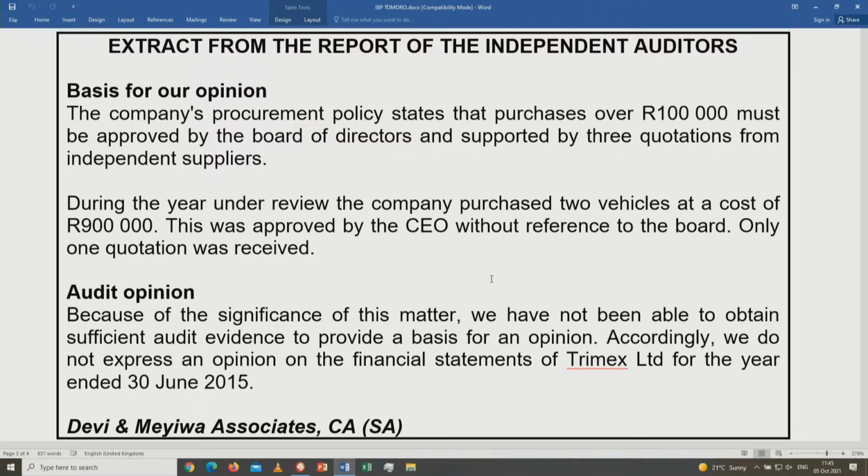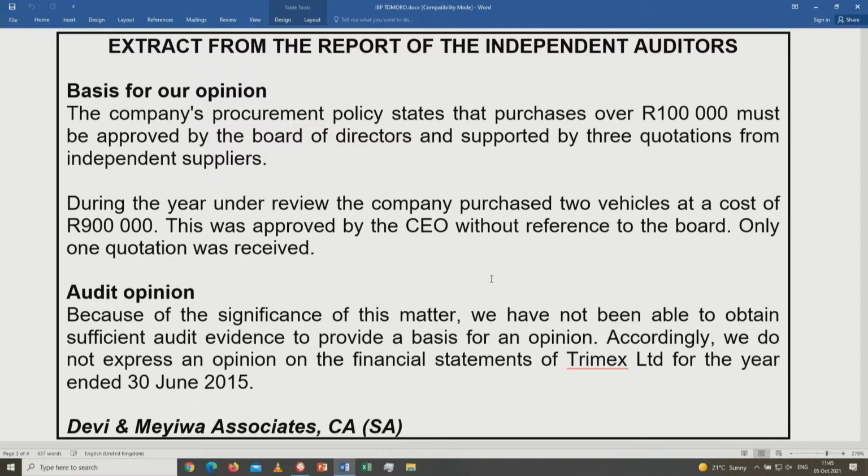And then remember, the policy says anything that is 100,000 or beyond must be approved by the board of directors and be supported with 3 quotations from independent suppliers.